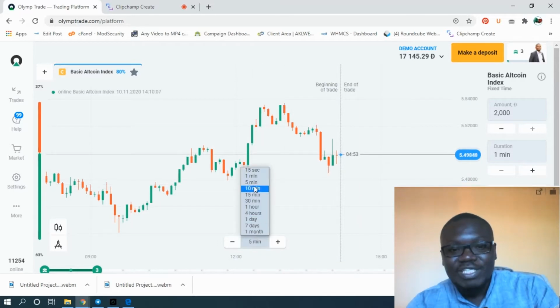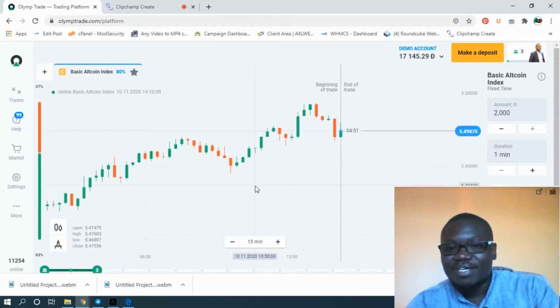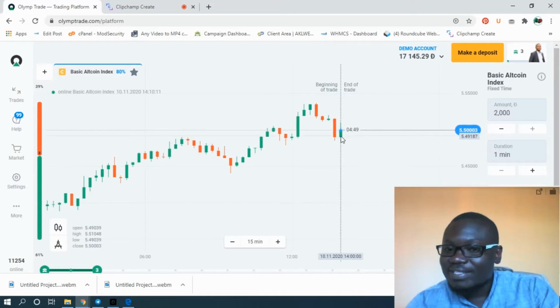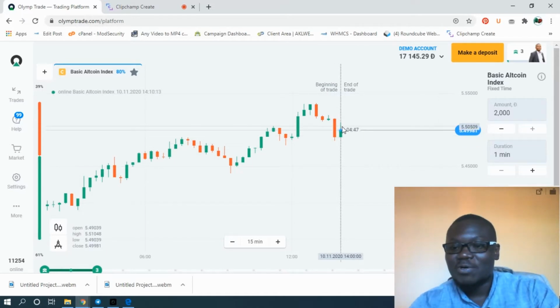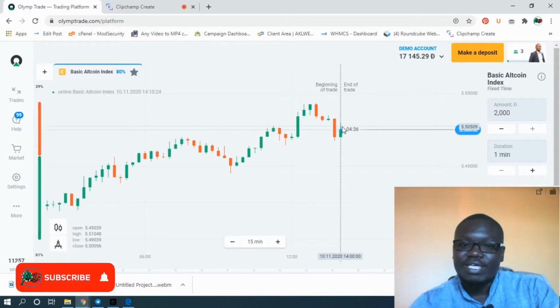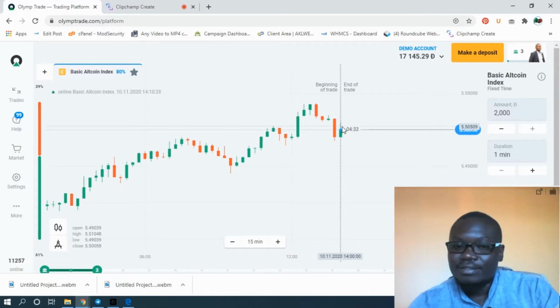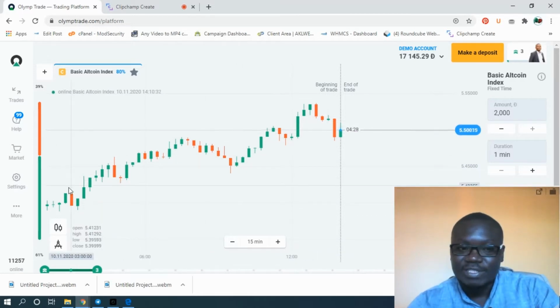But if you change it to a 15 minutes time frame, then you notice that the market is actually heading upwards. So it all depends with your objectives, whatever you want to achieve, the chart that you want to analyze, and the data that you want to see. So if you want to see the data for 15 minutes, then your trend will be an uptrend. You see, it is an uptrend.